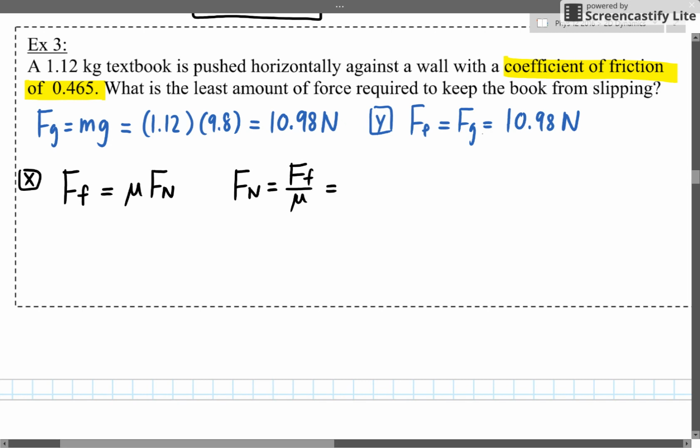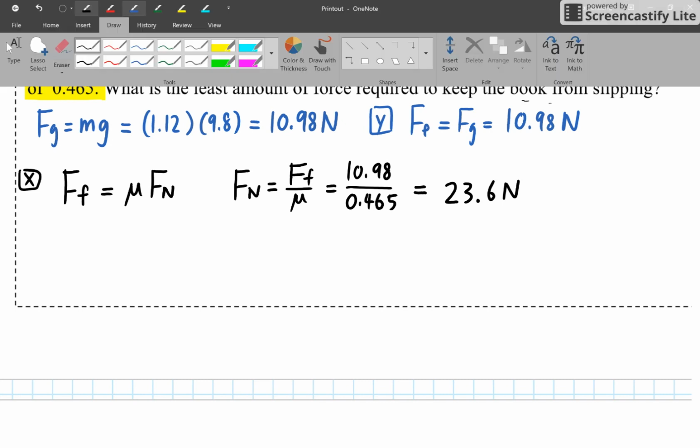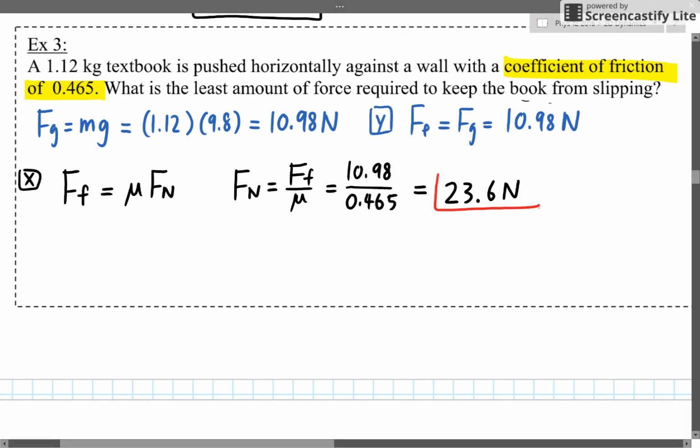We can do that because we have the 10.98, and we have mu, 0.465. So if we do that, we can get normal force, which is roughly 23.6. Okay, so this is the normal force portion.